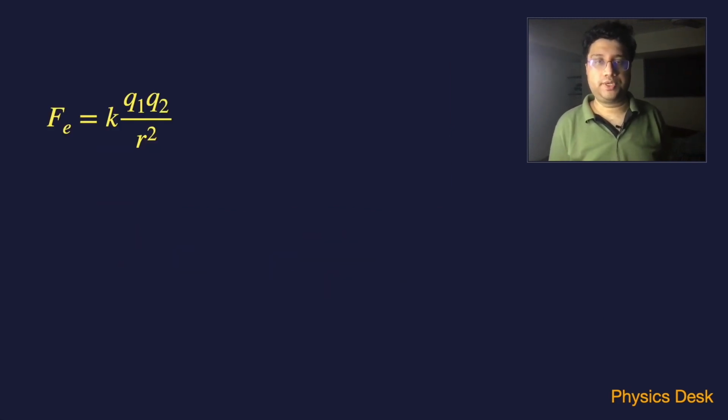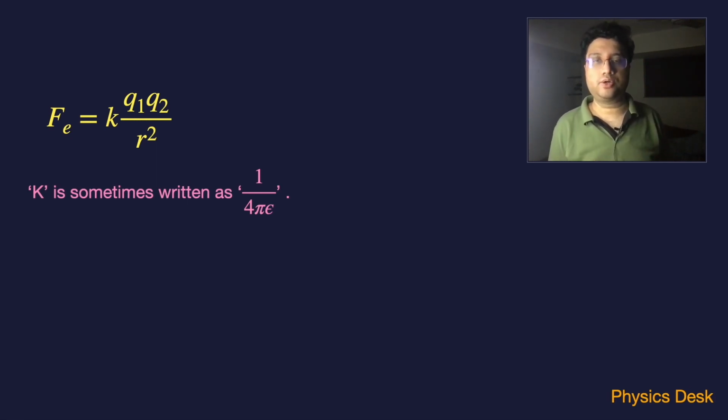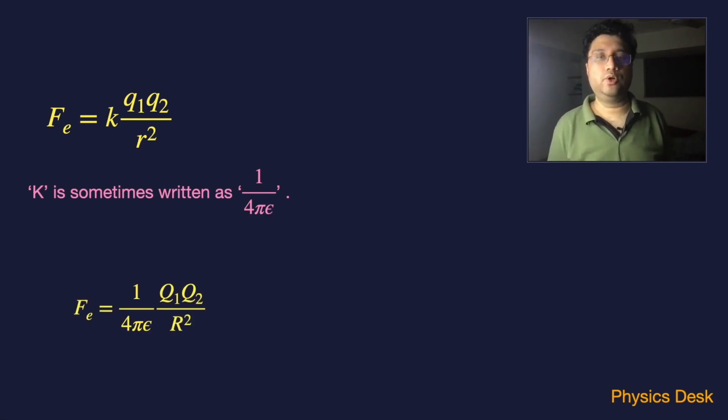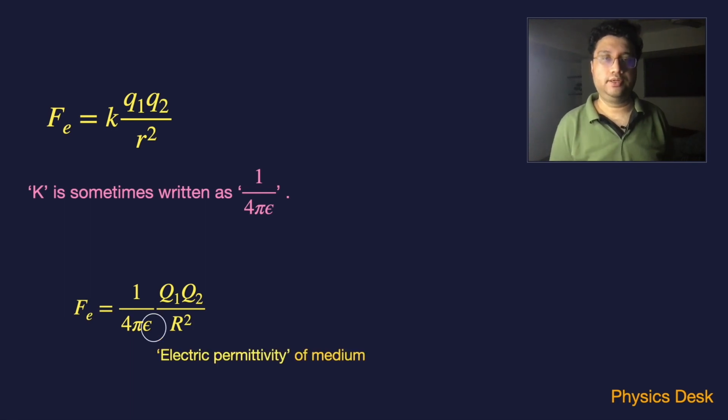Although this force equation Fe = K Q1 Q2 / R² is in its final form, physicists sometimes have a habit of writing the constant K in terms of another constant called epsilon, which makes Coulomb's force equation Fe = 1/(4π epsilon) × q1 q2 / r², where epsilon is the electric permittivity of the medium in which the charges are placed.